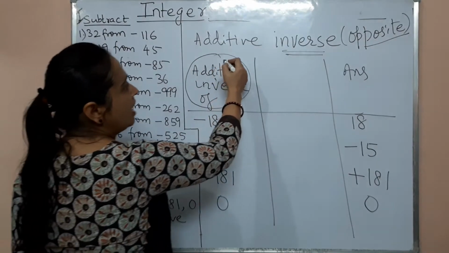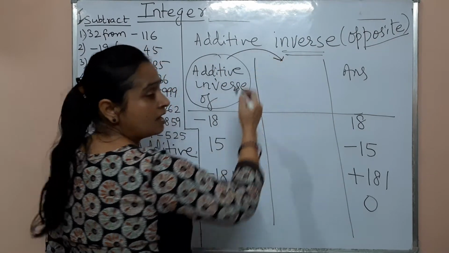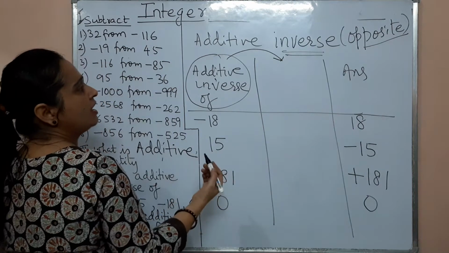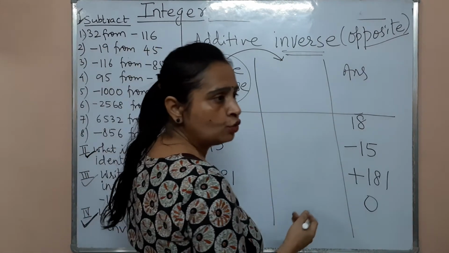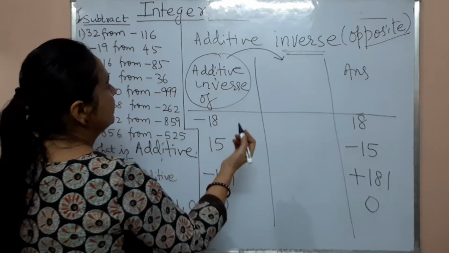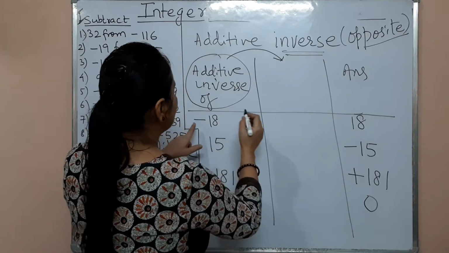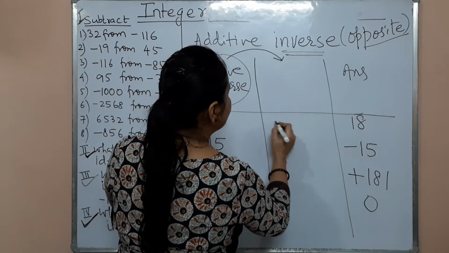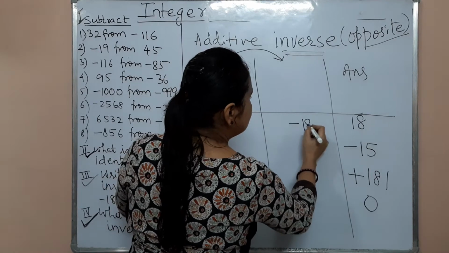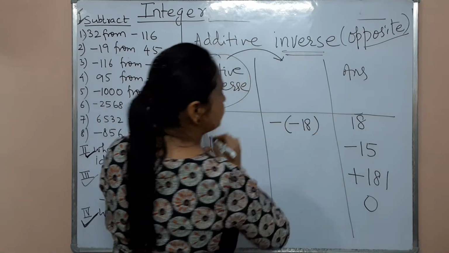Now the same question can be asked mathematically. If I ask using mathematical symbols, then what will be the question? The question will be: minus 18 का additive inverse बताओ.